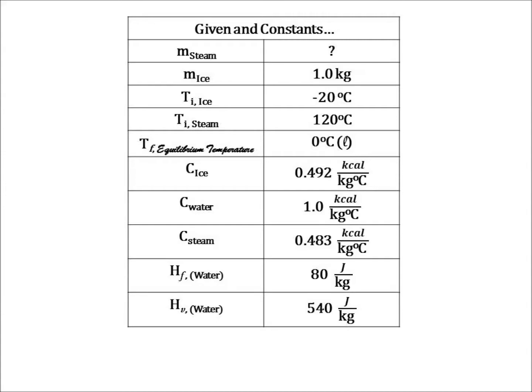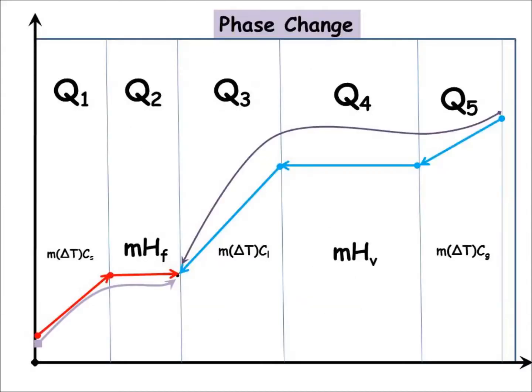Now, a little bit more picture-ish, you'll see the blue steam giving up its energy. It's going to go Q5, and that'll be mass times delta T times the specific heat capacity of gas, and then it's going to give up the heat of vaporization, and then it's going to give up the heat going through the liquid phase, M delta T, specific heat capacity of liquid.